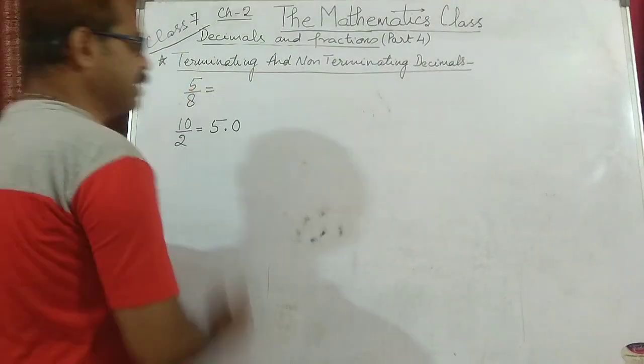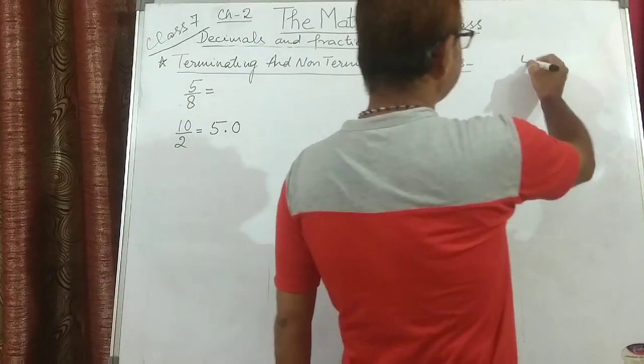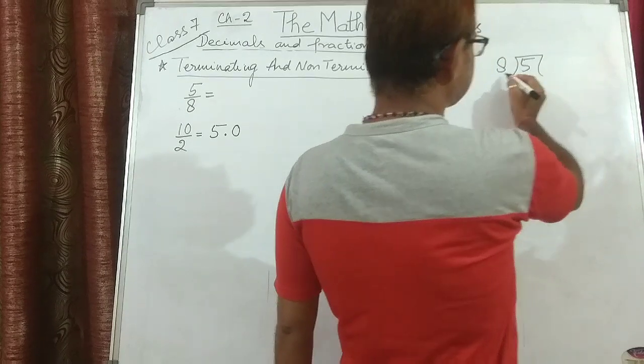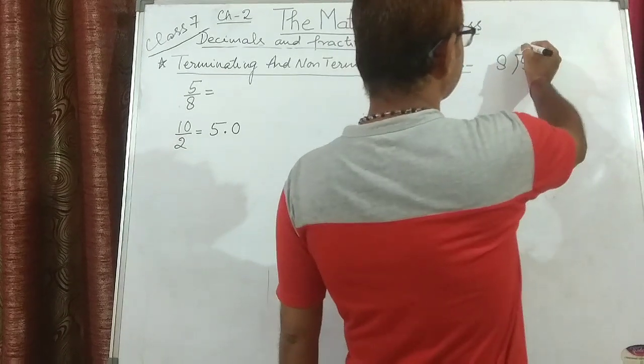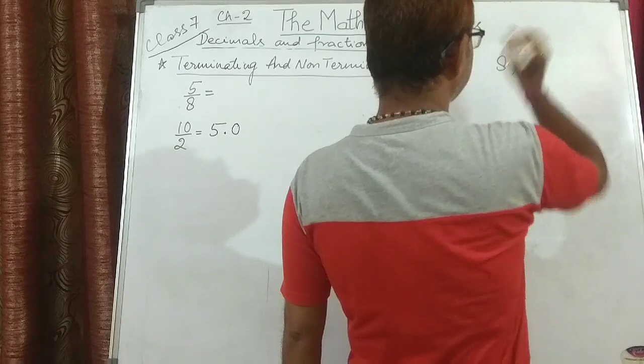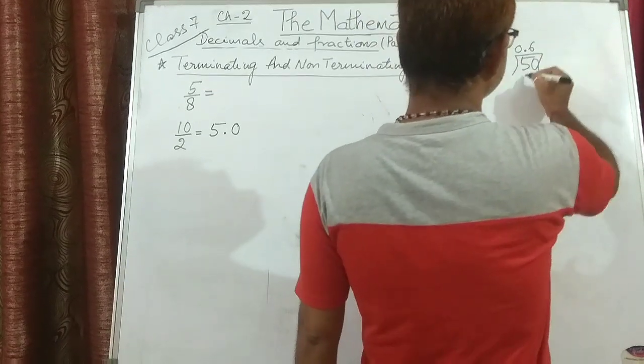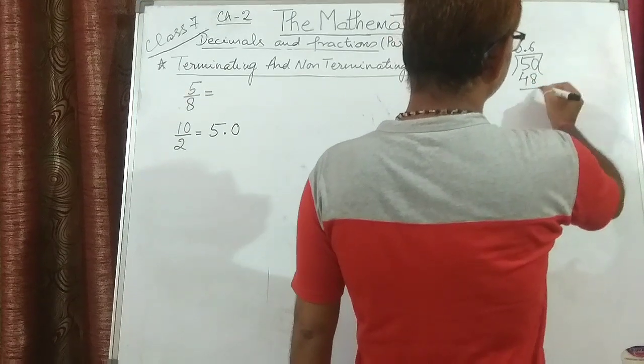Let's talk about 5 by 8. Let's see over here. 5 when divided by 8, 8 is greater, 5 is less. So we put a decimal point first and then add a zero. Now 8 6 is 48. 2 left.